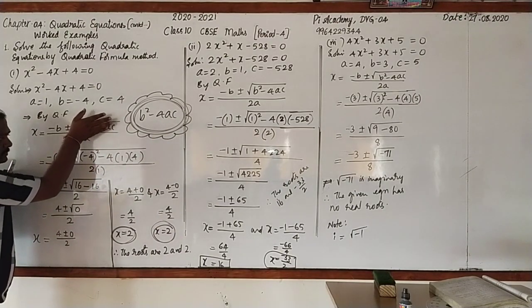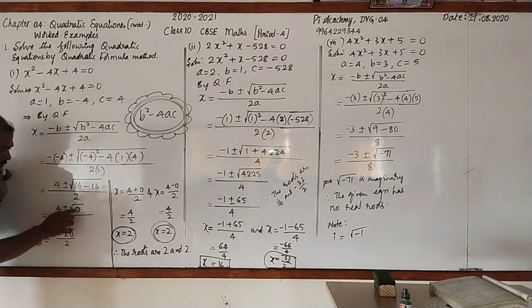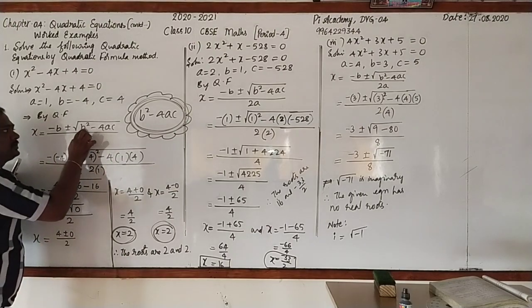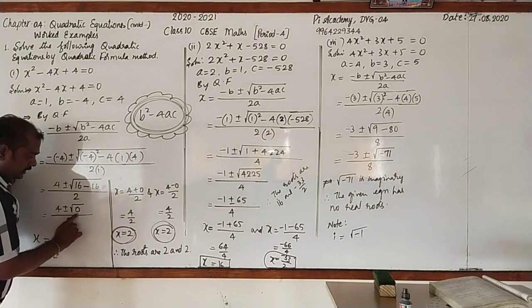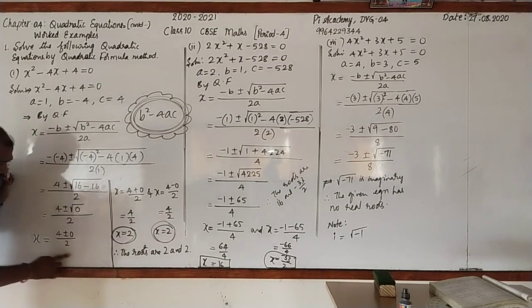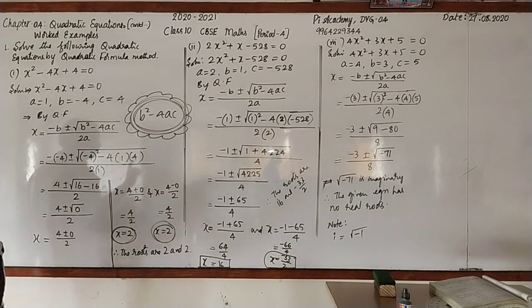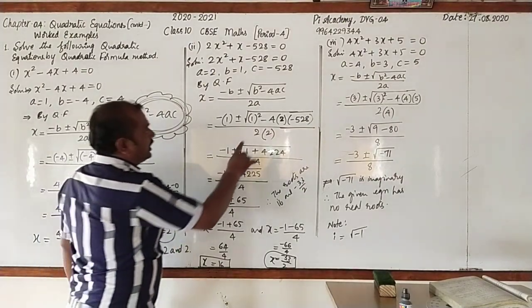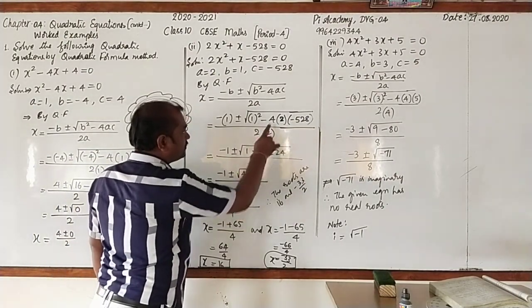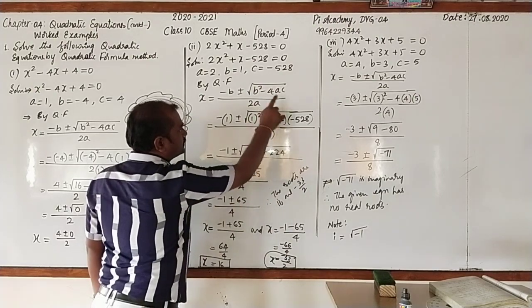See this part, how much is this? 0, right? b square minus 4ac. Only b square minus 4ac, not root. It is 0. Then the roots are real and equal. Clear? Whereas, observe this part, b square minus 4ac.